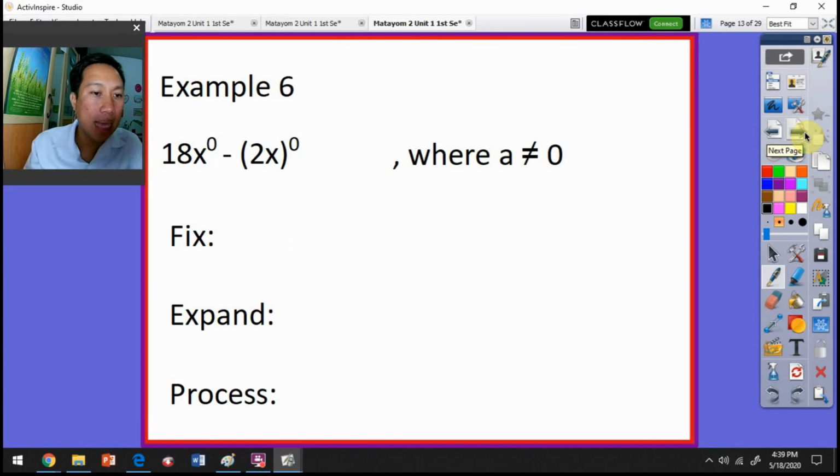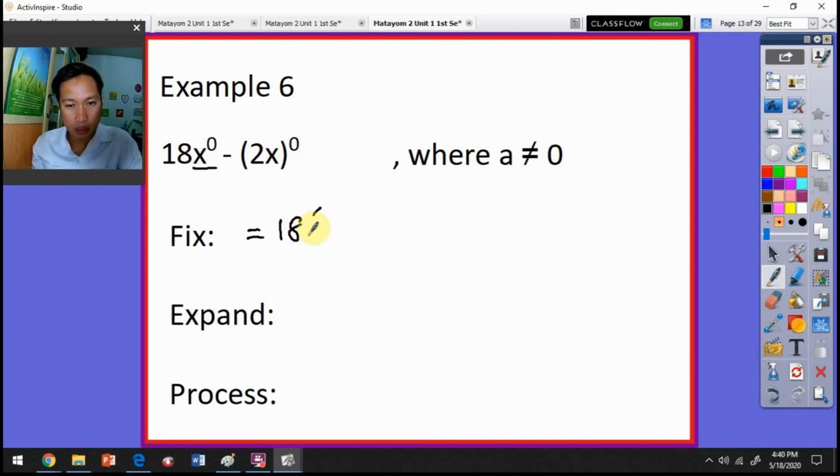Now, let's have this one. It has the same pattern as the previous one. This doesn't have a parenthesis, so x to the power of 0. You can separate it, x to the power of 0 and 2x to the power of 0. Remember, any number raised to the power of 0 except 0 is equal to 1.